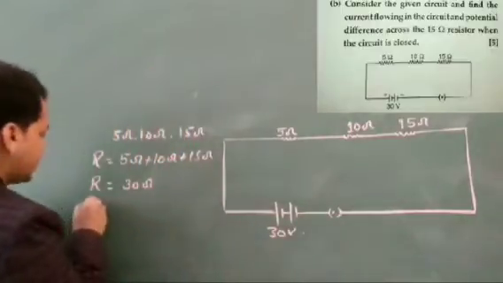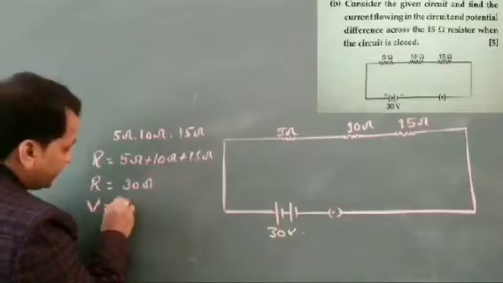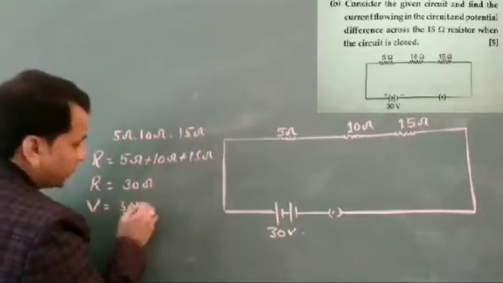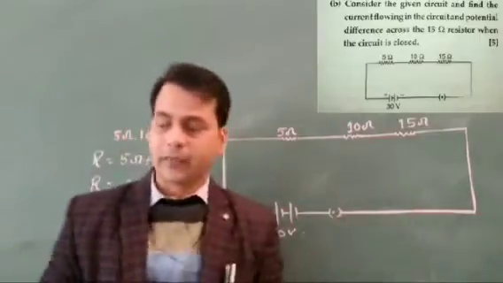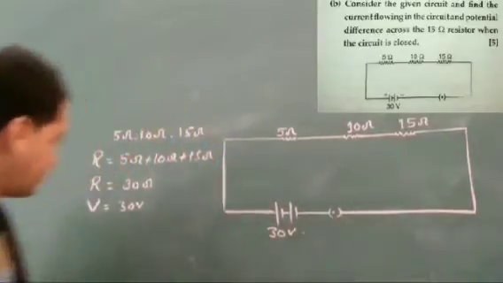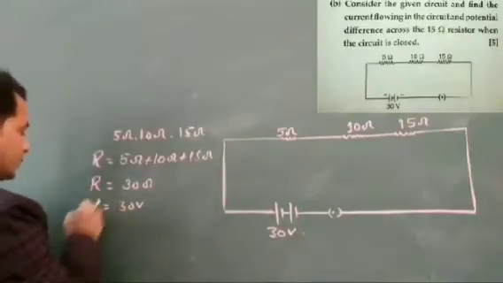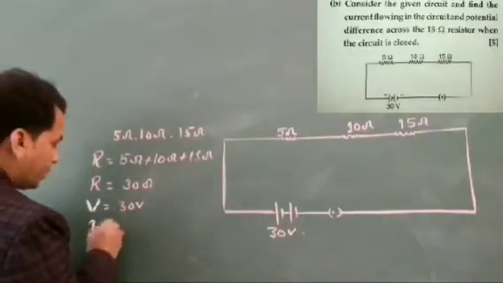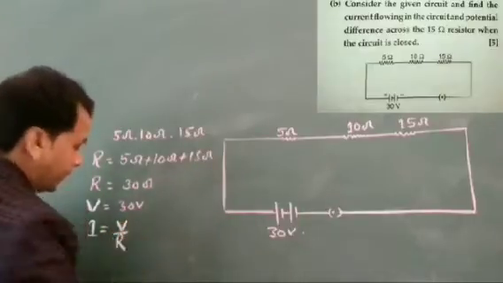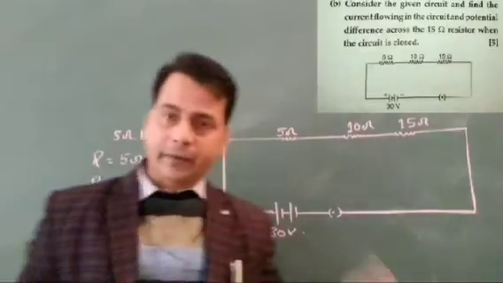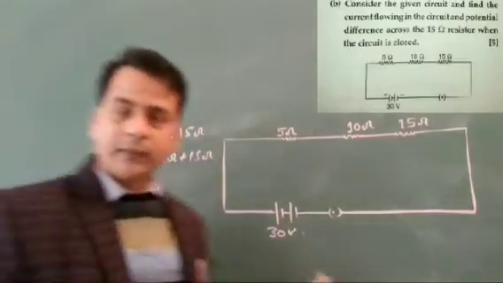Potential difference means 30 volt. Now we find the current flowing in this circuit according to Ohm's law. According to Ohm's law, I equals V by R, the current flowing in the circuit is potential difference by resistance.